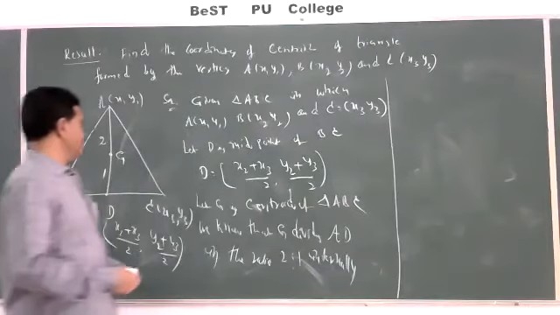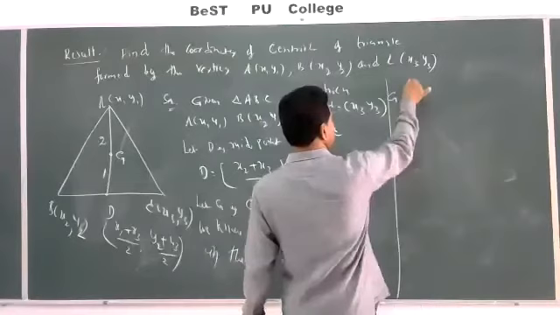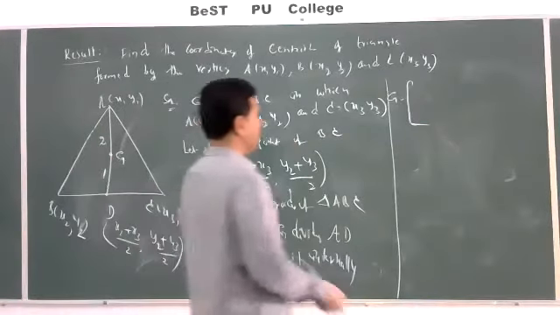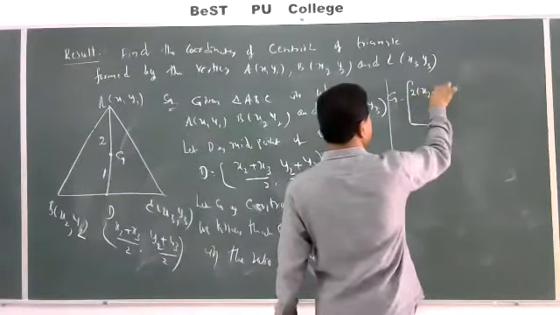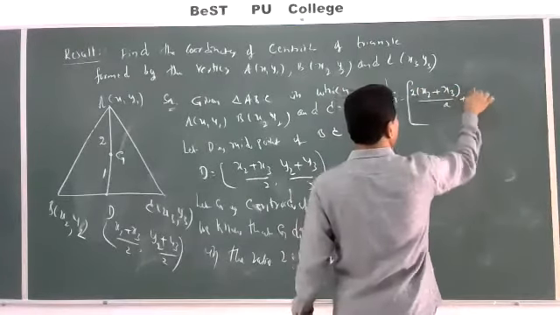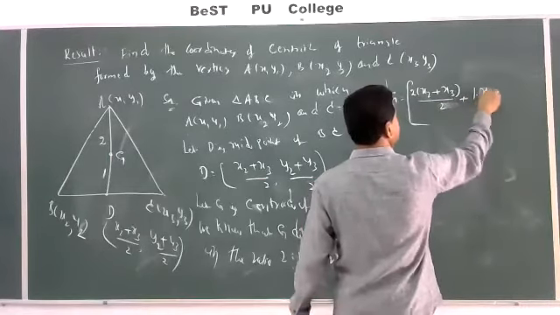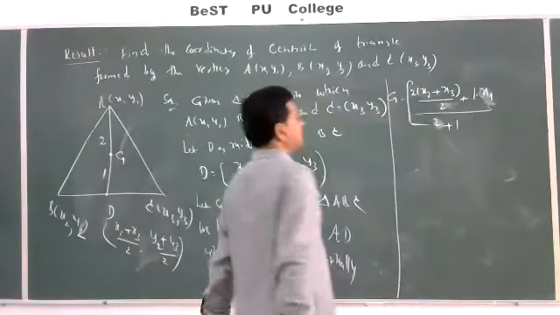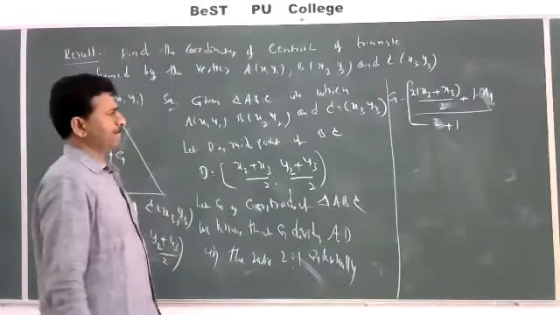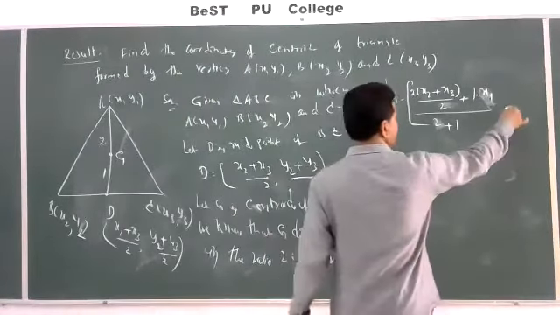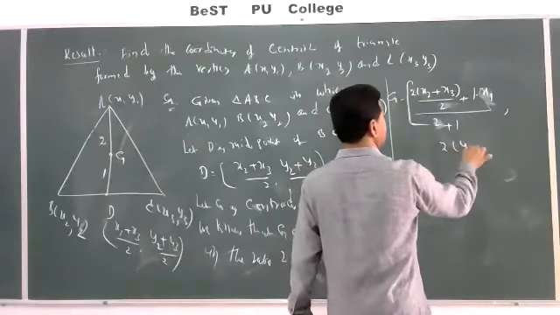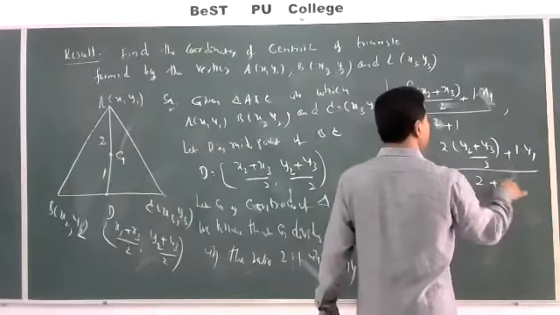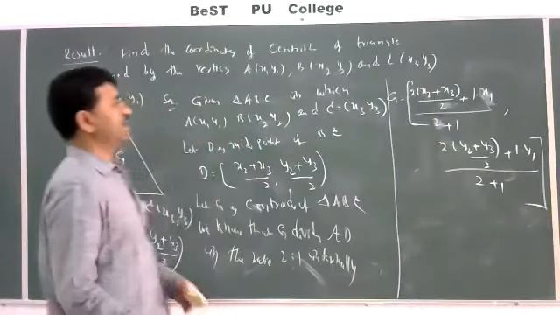Applying that formula, G is equal to (2 into (x2 + x3)/2 plus 1 into x1) by (2 + 1), comma, and for the y coordinate, (2 into (y2 + y3)/2 plus 1 into y1) by (2 + 1). That gives the coordinates of the centroid.